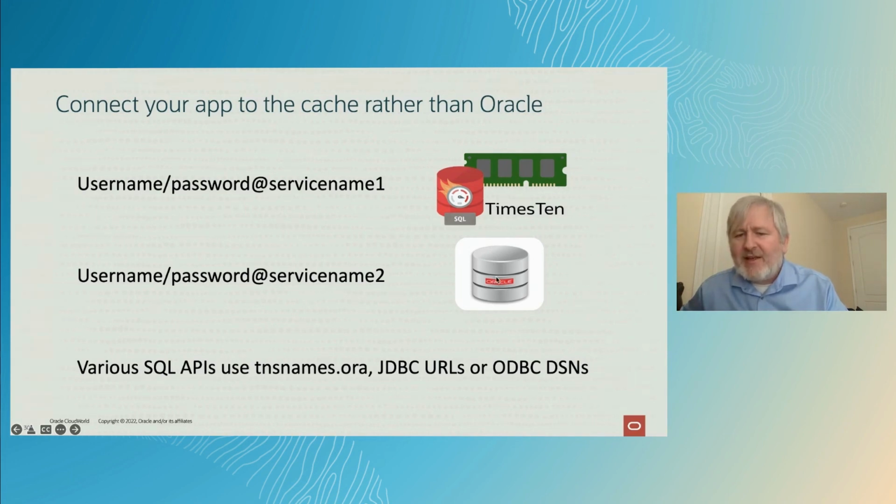So ideally, if you've got the same schemas with the same tables, with the same columns, with the same data types, and the only thing that you're specifying is a different connect string, it's making it pretty simple to use the TimesTen cache for fast access to your data rather than an Oracle database. So that's the best case.